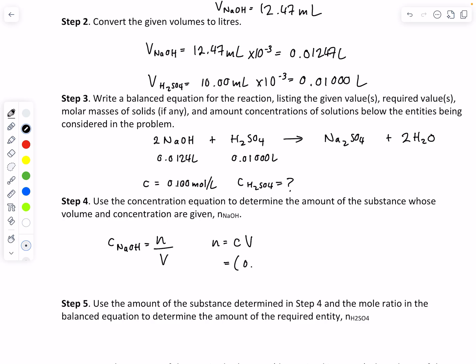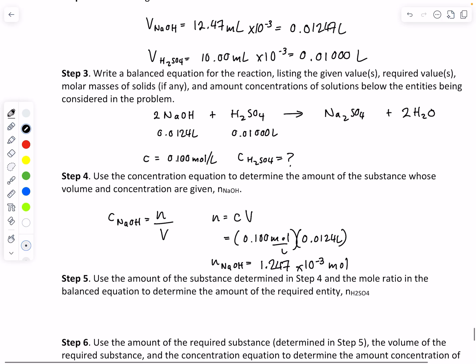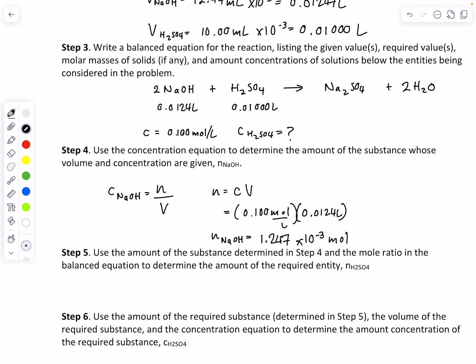That's 0.100 moles per liter times 0.01247 liters. And we end up with 1.247 times 10 to the power of -3 moles of sodium hydroxide. I'm going to write that down.